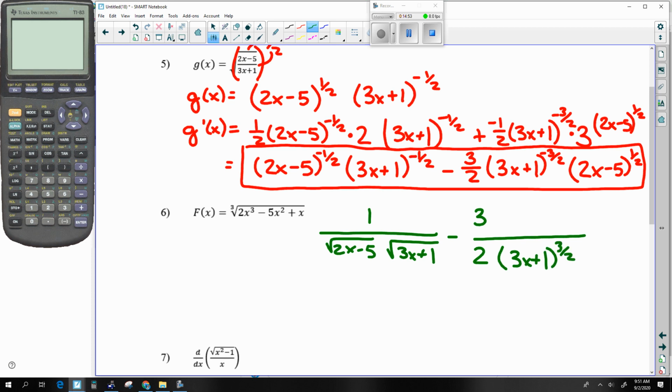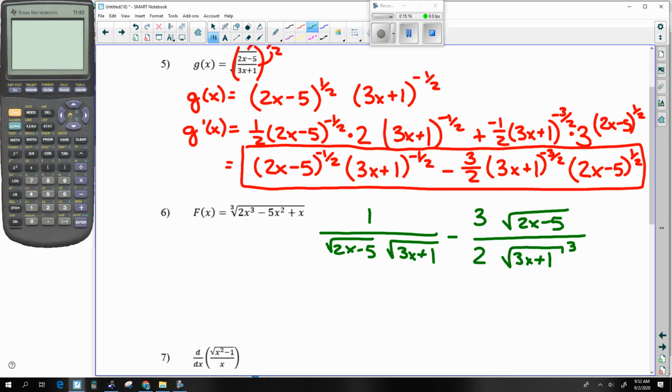So I'm going to write it as a square root here real quick. Just temporarily, I'm going to write this as a square root to the third power. Right? Just temporarily. And then I have a square root of a 2x minus 5 on top.